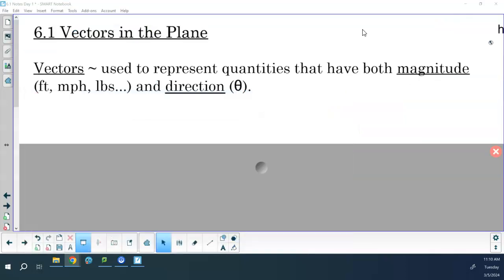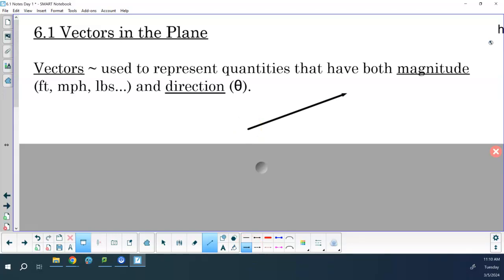Okay. So a vector is used to represent quantities that have both a magnitude and a direction. So a vector is, in fact, a ray.